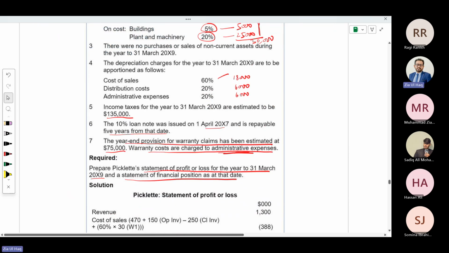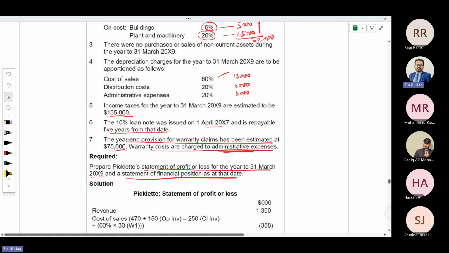Let's move towards preparing financial statements using Excel.